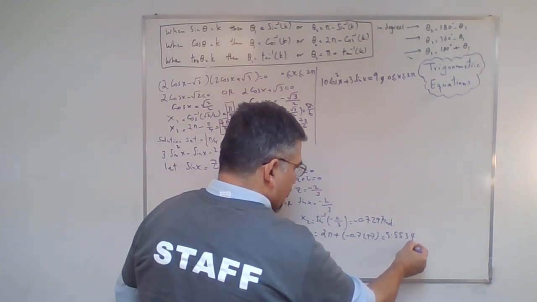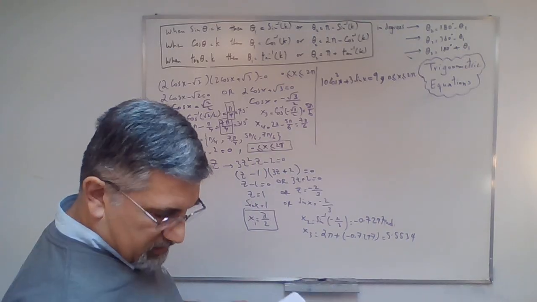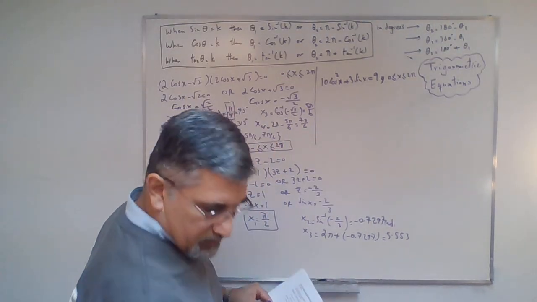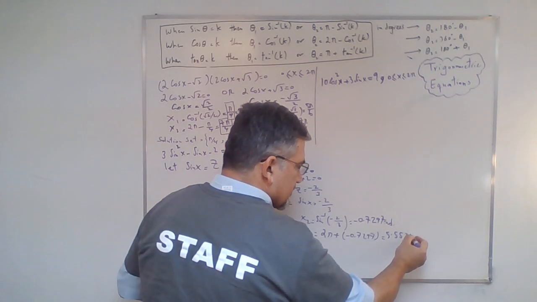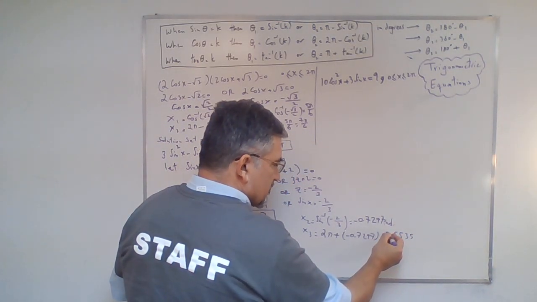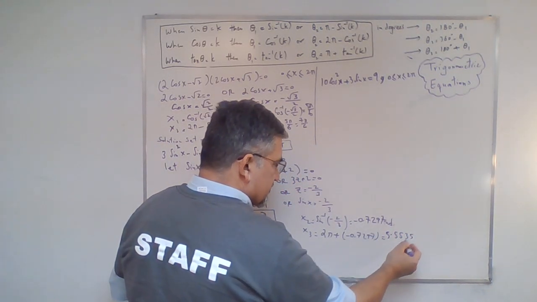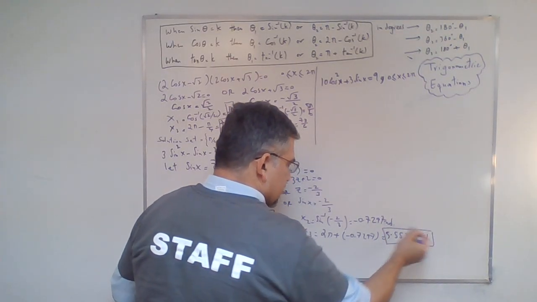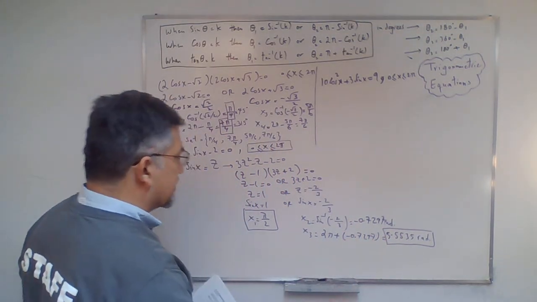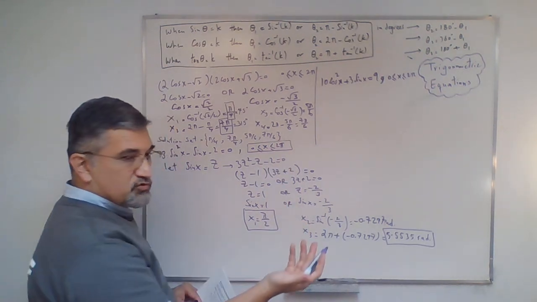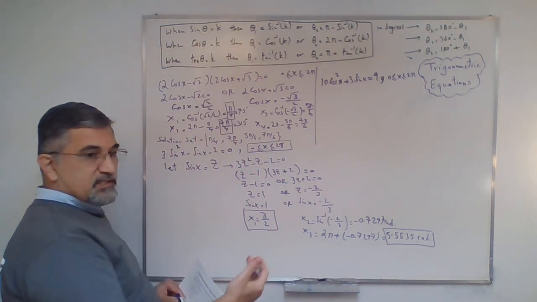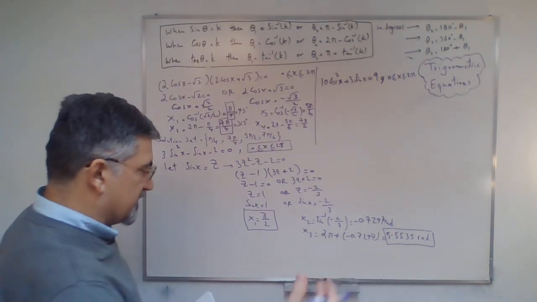The next digit is 5, so I can round it, depending on how many digits after the decimal point you want to consider for your accuracy. So this answer is admissible. The other one is not admissible because 2 pi is 6.28 radian, but this one is 5.5 radian, so it's less than 2 pi. Therefore, it is admissible.